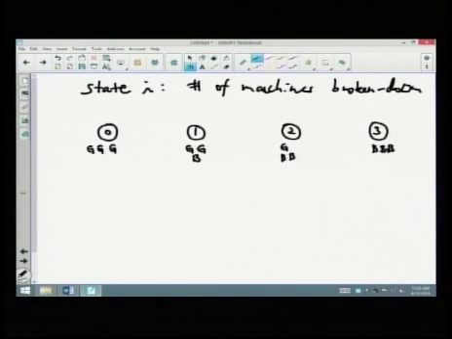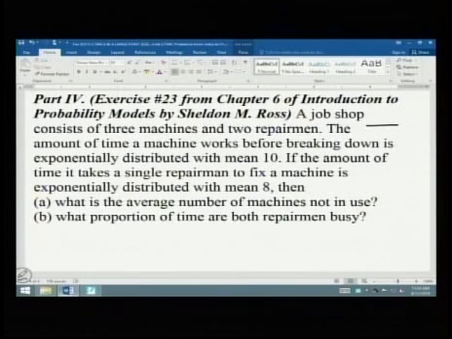Now, we need to specify the failure rate here. So what is that? It does provide you the failure time, mean failure time is 10.